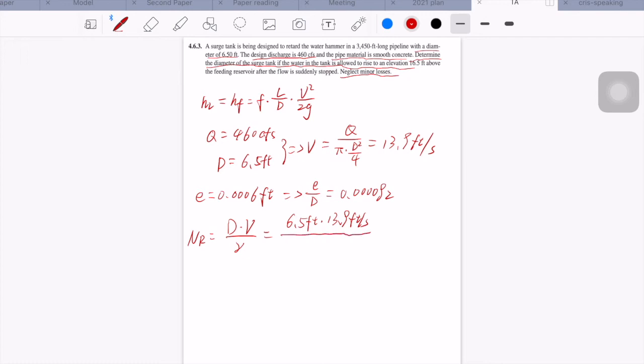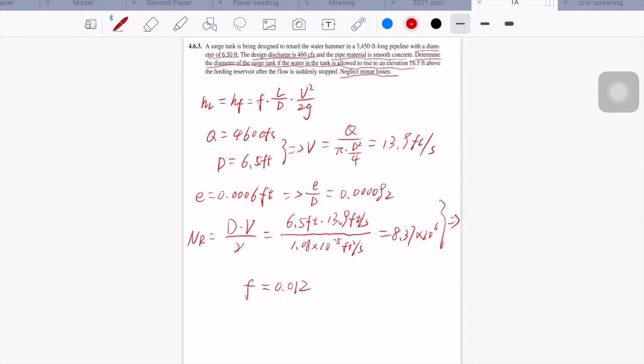At 20 degrees Celsius, the kinematic viscosity of water equals 1.08 times 10 to the power of -5 square feet per second. So the Reynolds number equals 8.37 times 10 to the power of 6. So now we can find that the friction factor f equals 0.012.